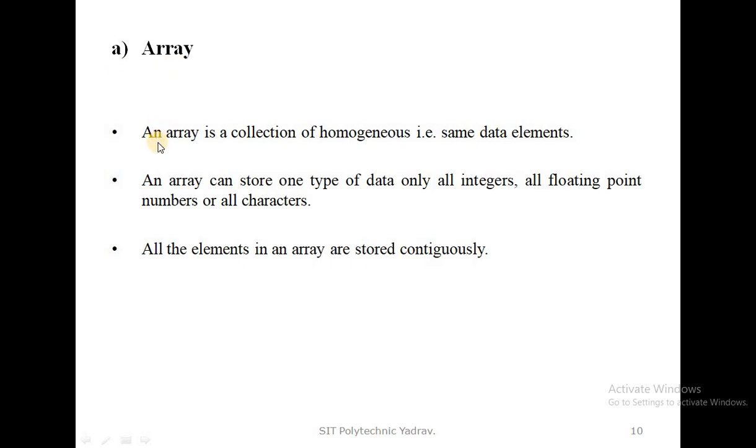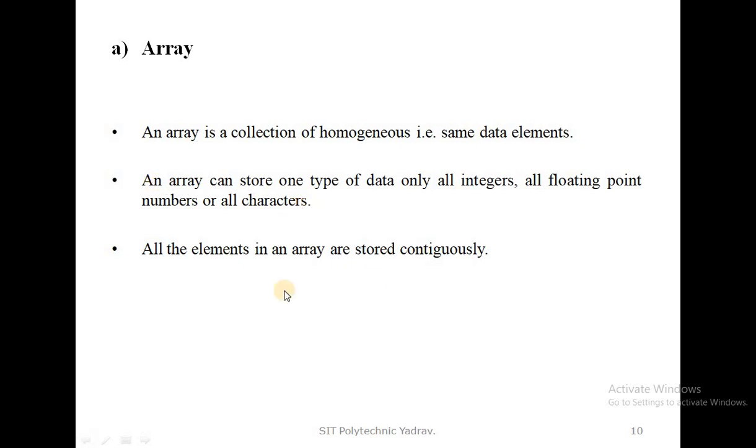First, array. An array is a collection of homogeneous, that is same data types or same data elements. An array can store one type of data only: all integers, all floating point numbers, or all characters. Okay, got it?